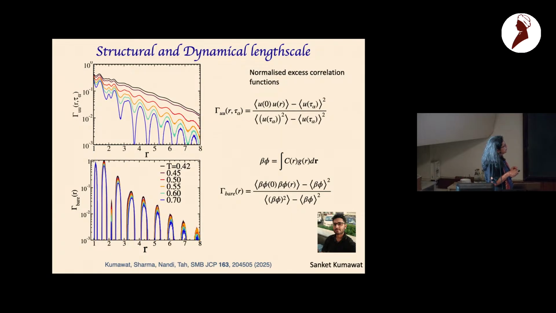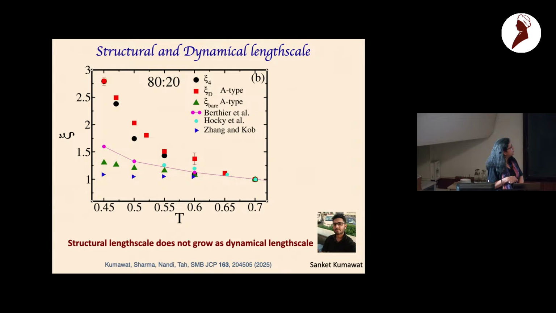And here is what we see: the correlation changes a lot with temperature for the dynamical length scale, whereas for statics, the increase between high and low temperature behavior is not enough. Thus, as expected, the static length scale does not grow as much as the dynamic length scale.